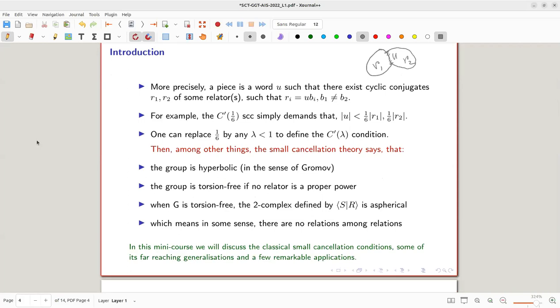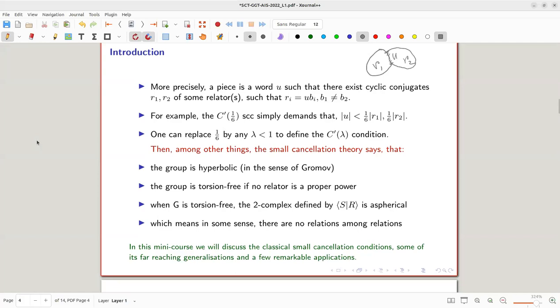It doesn't seem to be such an interesting condition, but it has really many interesting consequences. There is nothing special about 1/6 as such, but this is the threshold beyond which hyperbolic behavior starts displaying.